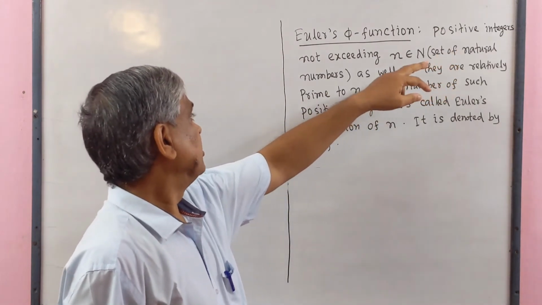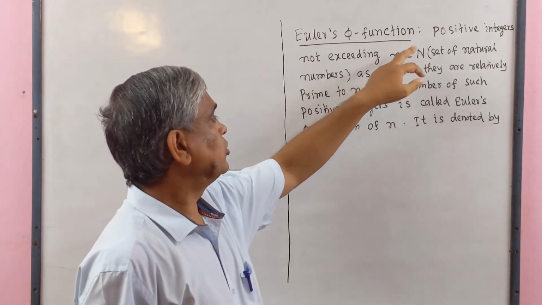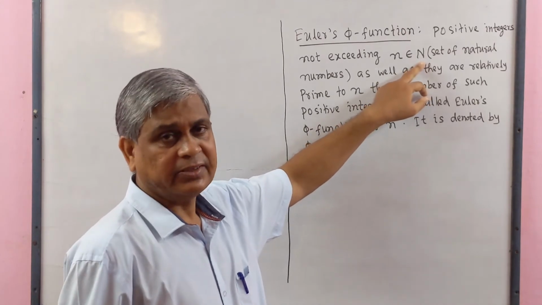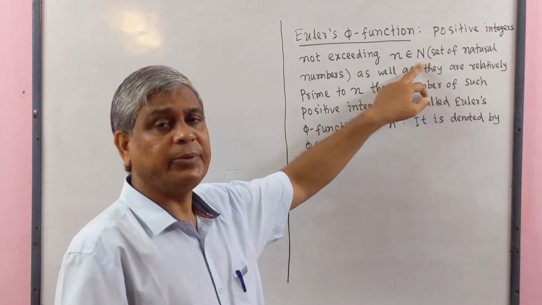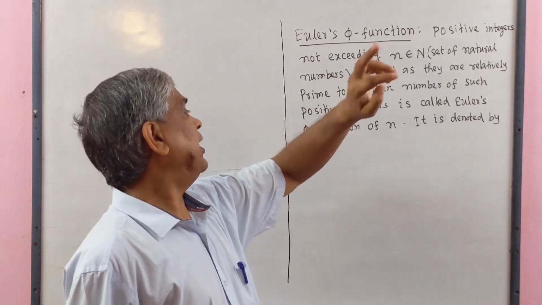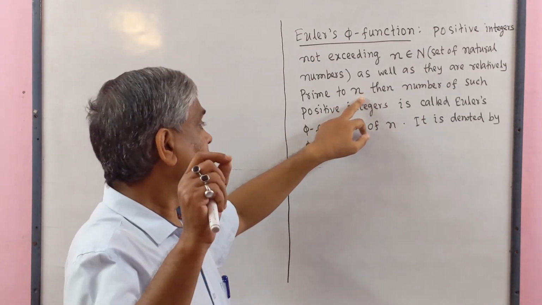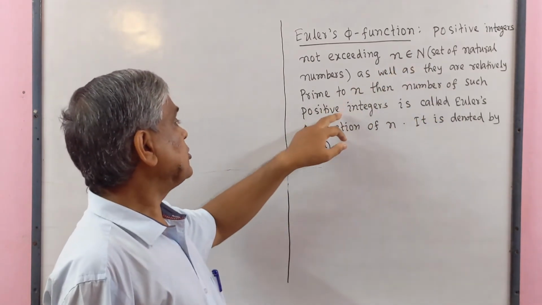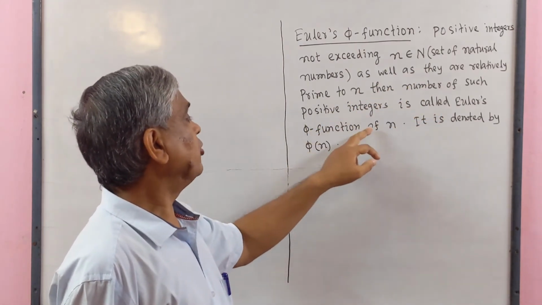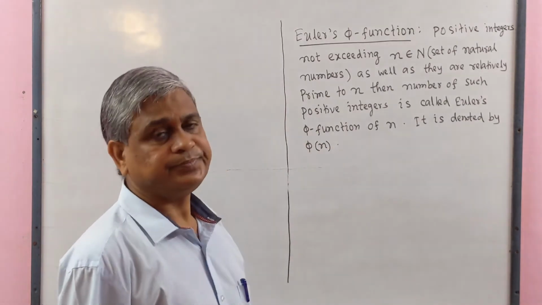Positive integers not exceeding small n, where n belongs to capital N, capital N being the set of natural numbers, that is set of positive integers, as well as they are relatively prime to n, then number of such positive integers is called Euler's phi function of n. It is denoted by phi n.